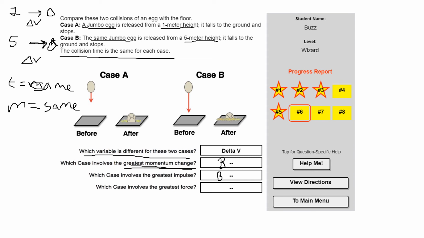Think about it this way. Because the impulse is not the same, is it going to take more force to stop the faster object or the slower object? Here's where logic needs to prevail. It's going to take more force to stop the faster object.